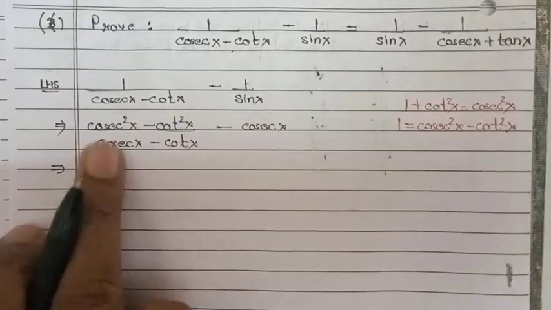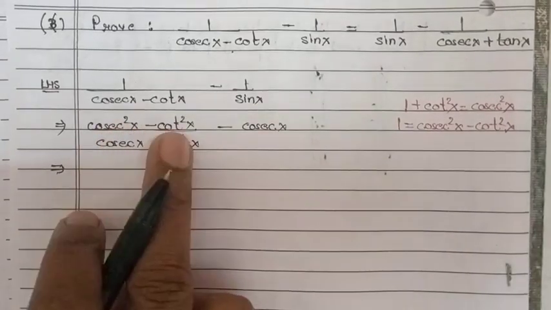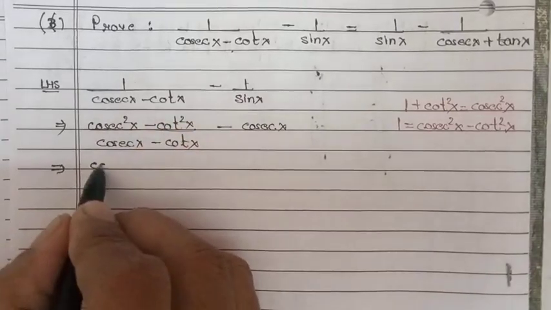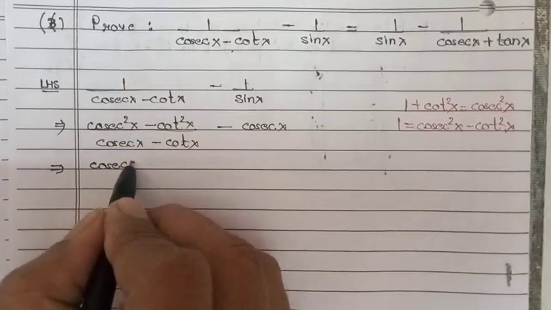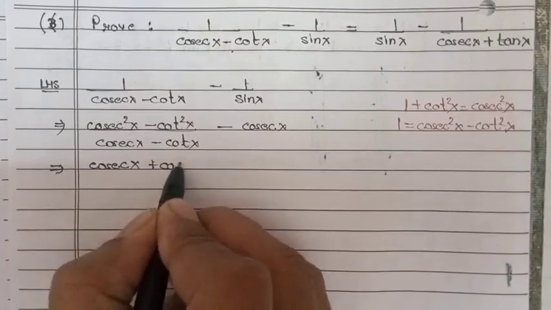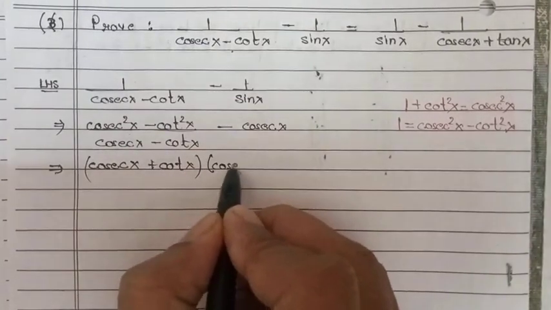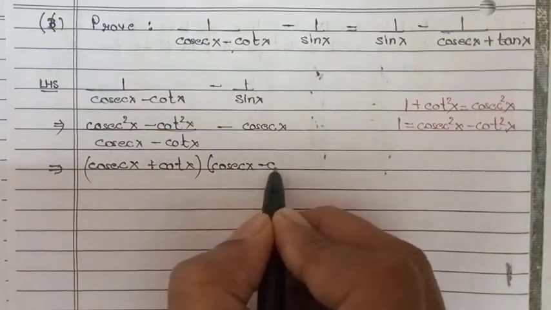Okay. Now this cosec square minus cot square, you can write it as a square minus b square. So this will give you a plus b into a minus b.